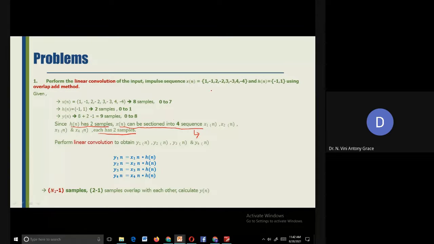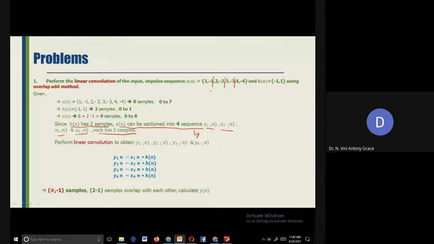You are going to section this into 4 sequences, which you can name as x1, x2, x3 and x4. You are going to split it like this. 4 numbers of 2 sample sequences, x1, x2, x3 and x4 respectively. Okay.